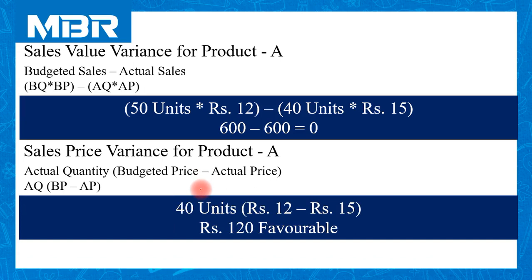As compared to the budgeted price of rupees 12, actual price is rupees 15. So we have charged 3 rupees higher. When you charge a higher sale price, it is favorable. 40 into 3, rupees 120 favorable.